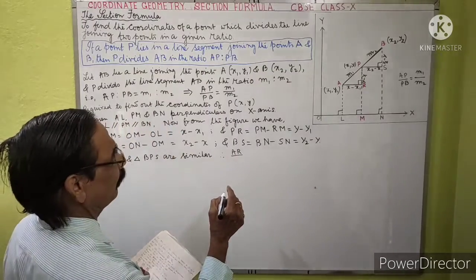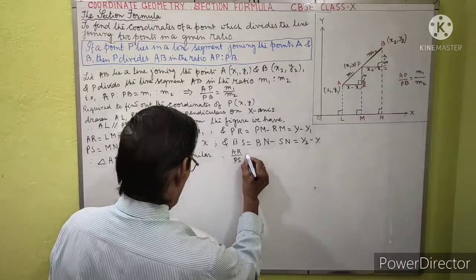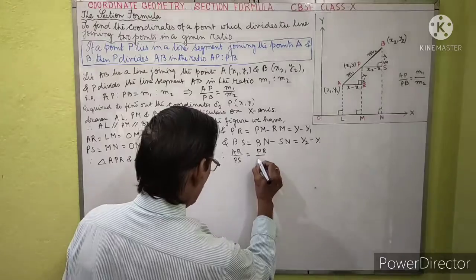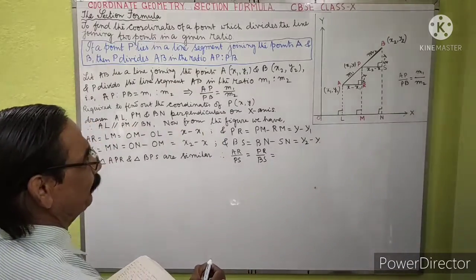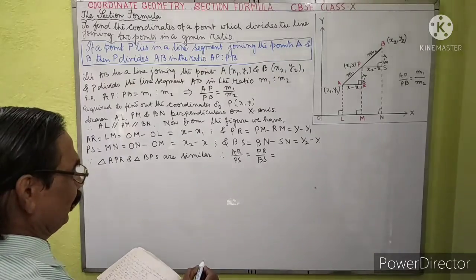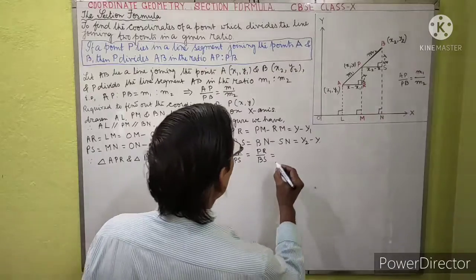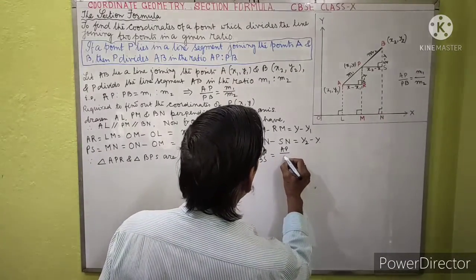So AR by PS equals PR by BS equals AP by PB.